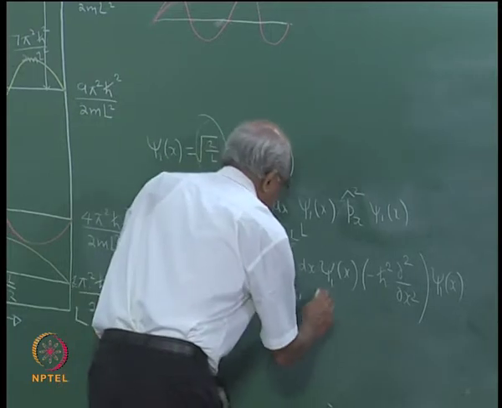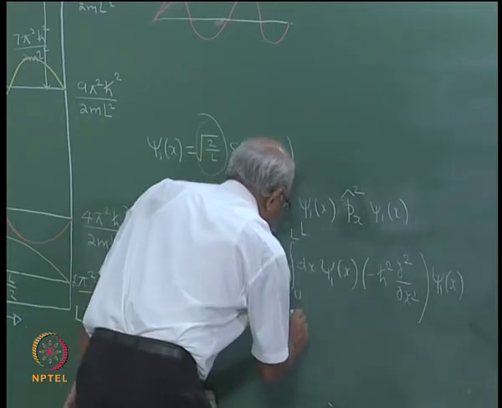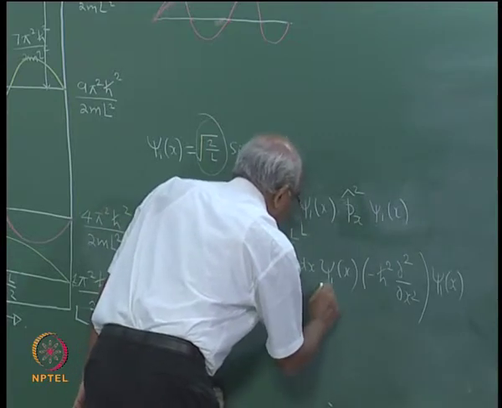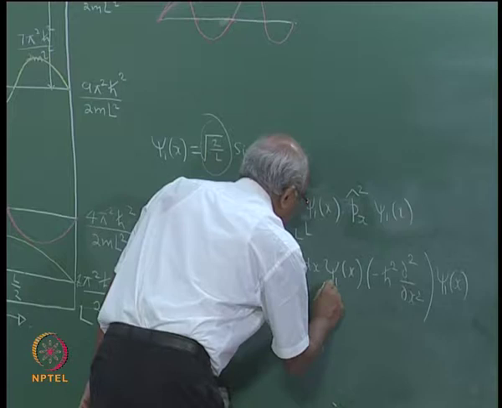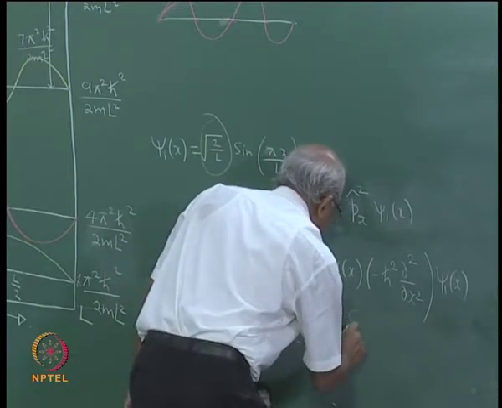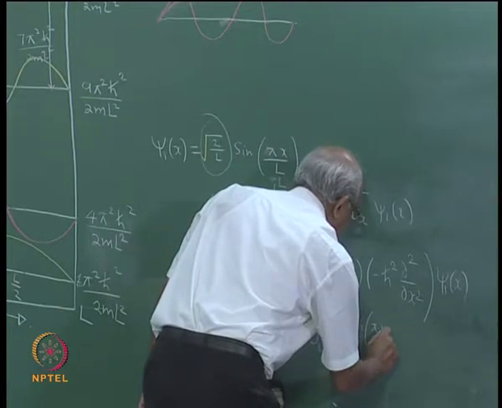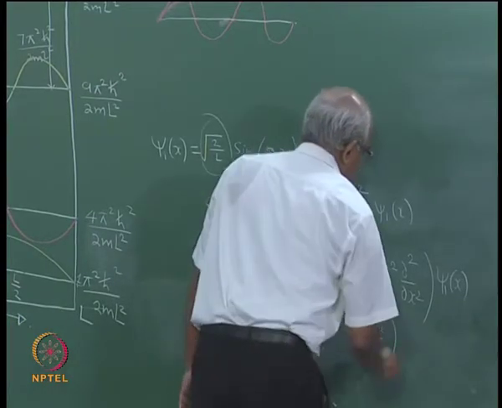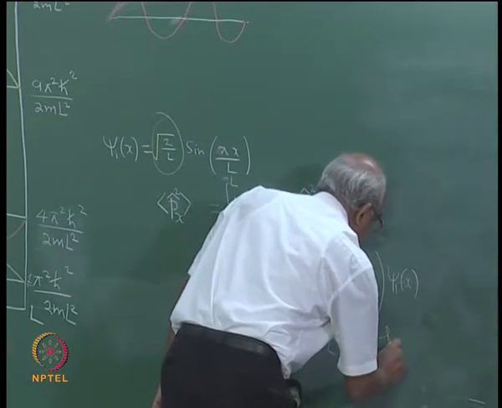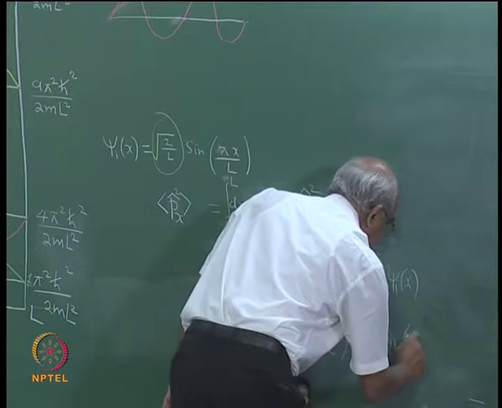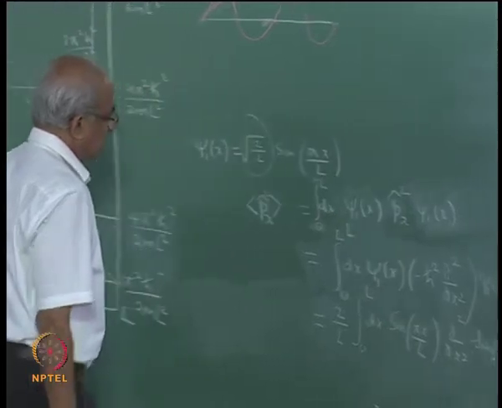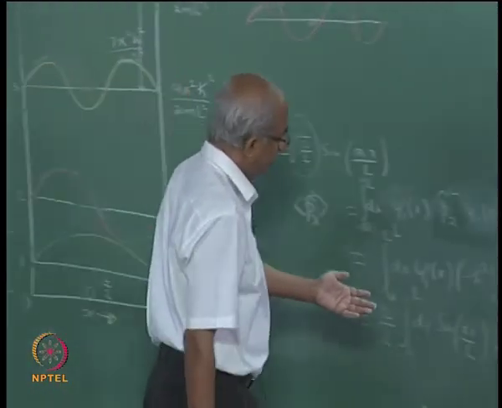But then I am going to substitute for psi 1, I will get this 2 by L integral 0 to L dx sin pi x by L dou square upon dou x square sin pi x by L. So, you have to take the second derivative of the sine function.